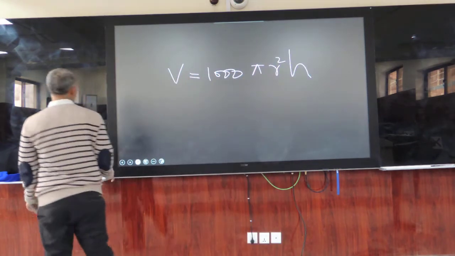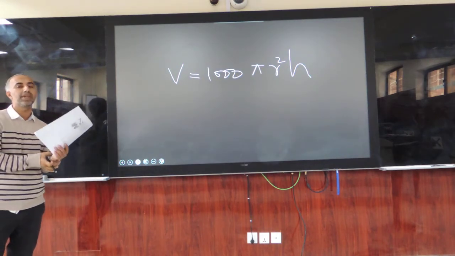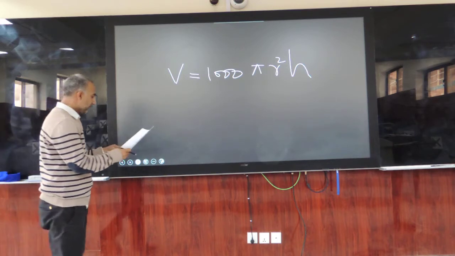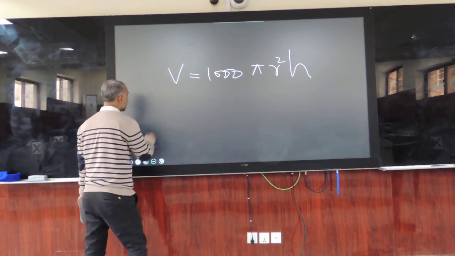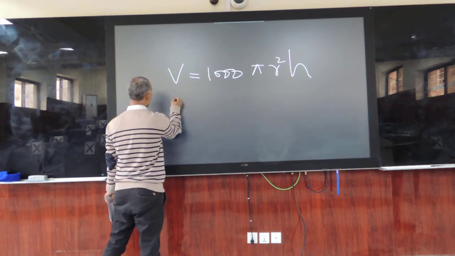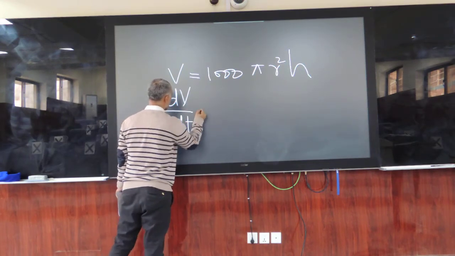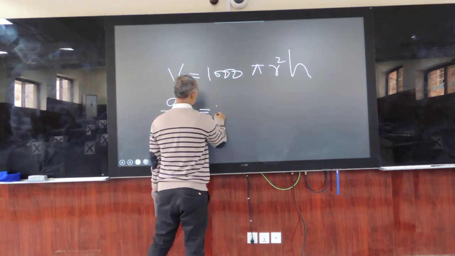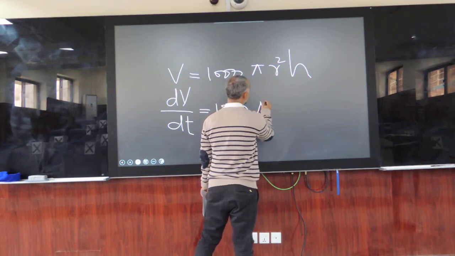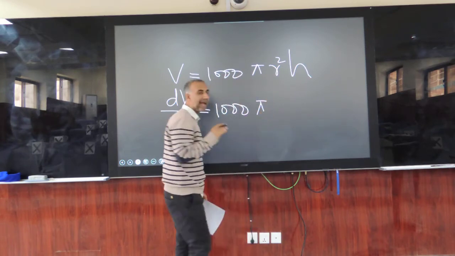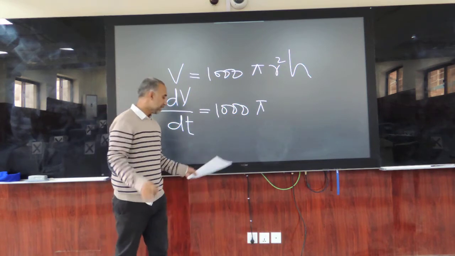Now you have transformed your volume into cubic meters instead of liters. So take the derivative of this with respect to time, dV over dt. The 1000 is a constant and pi is a constant. R is the radius, and it does not change.